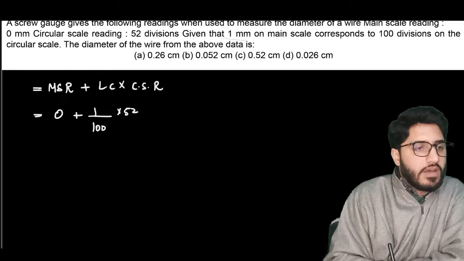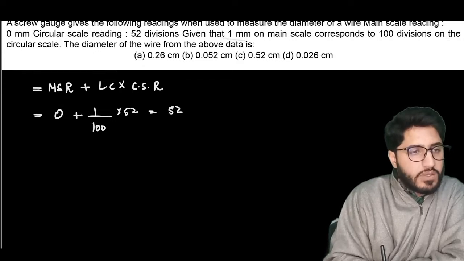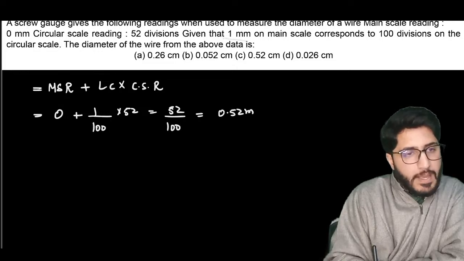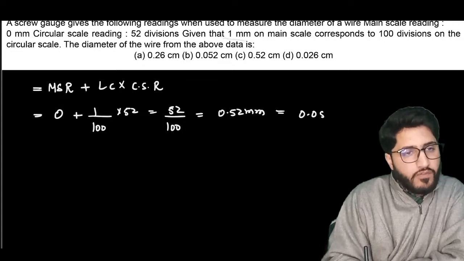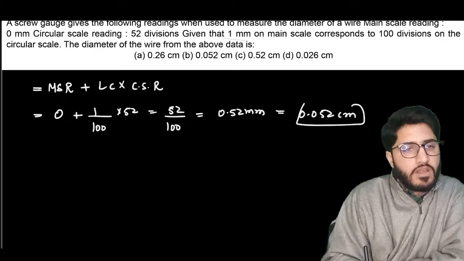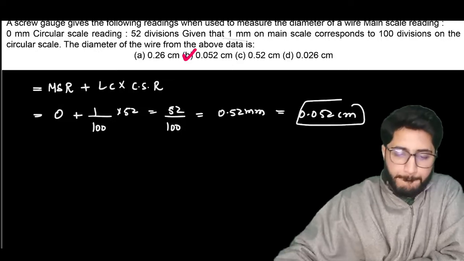So we got 52 divided by 100, it is 0.52 mm. The answer is in centimeters, so we can write 0.052 centimeter. Option B is the correct option.